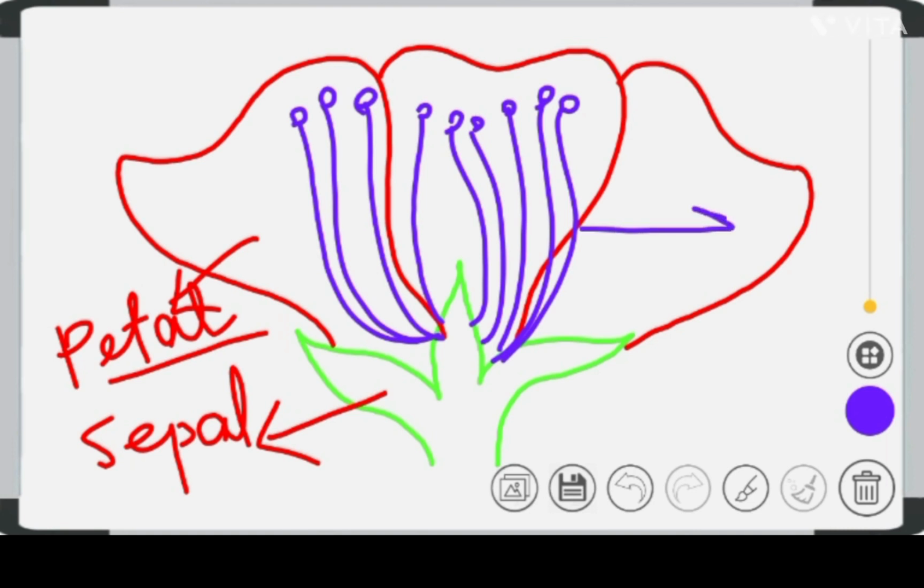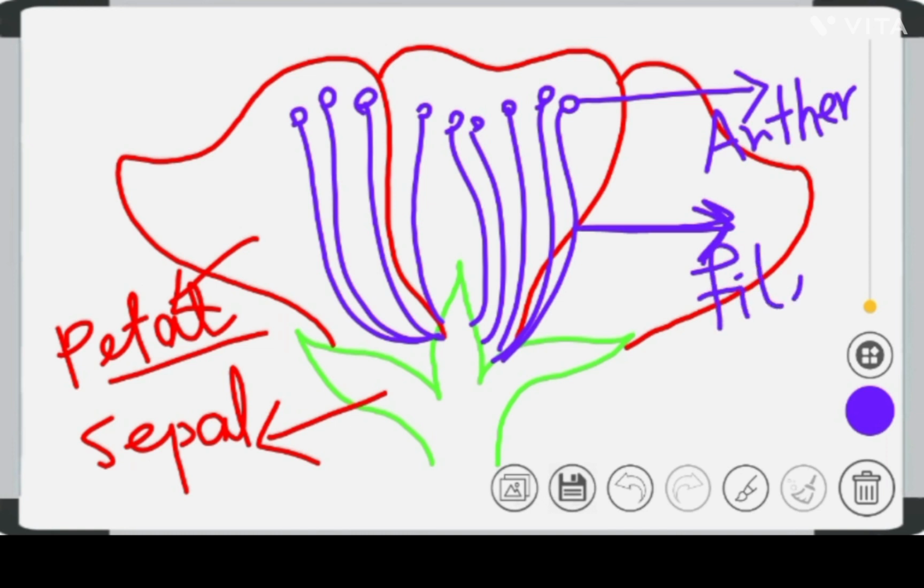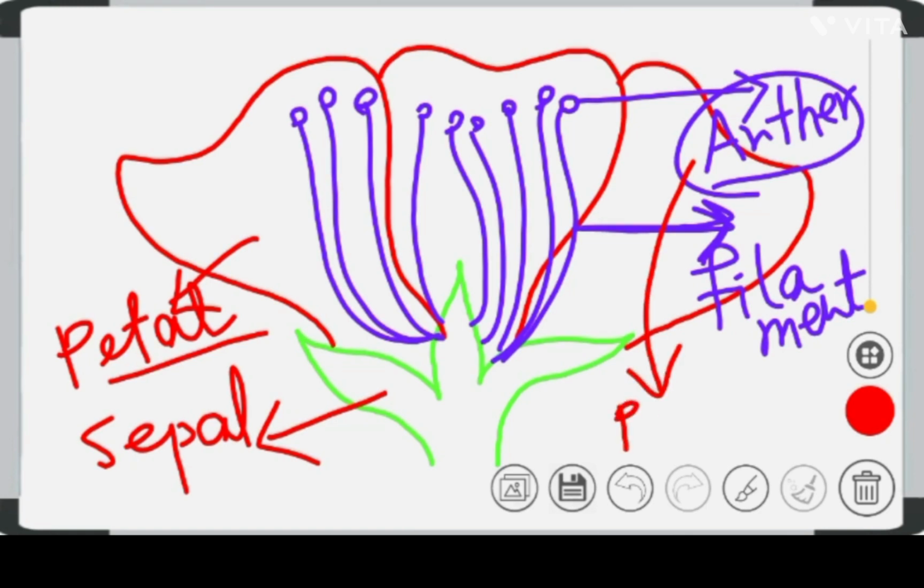In the topmost portion of the filament, actually the thread, one sac-like structure is there, which is known as the anther, and this thread-like structure we are calling the filament. Do you know that this anther consists of the male part, that is known as the pollen grain, which is the male gamete of a flower.